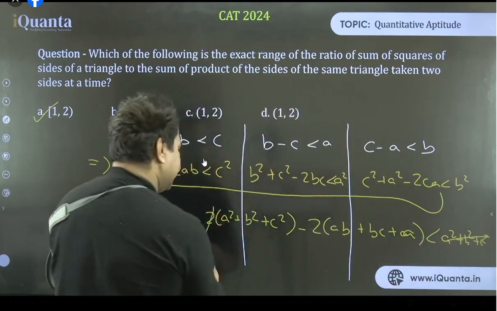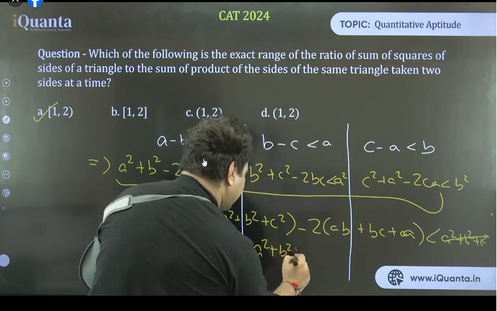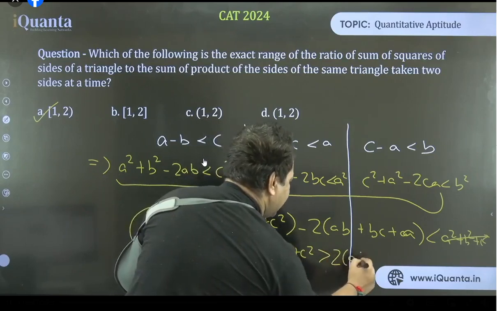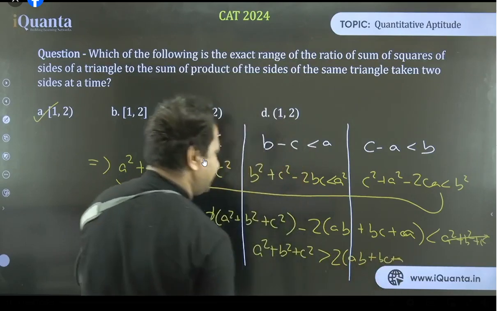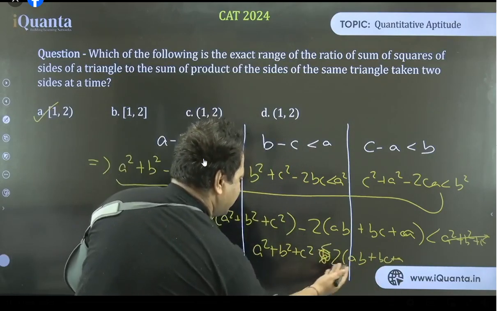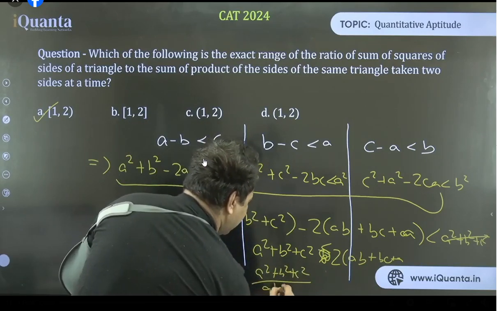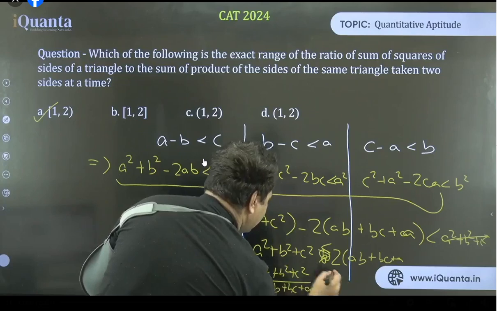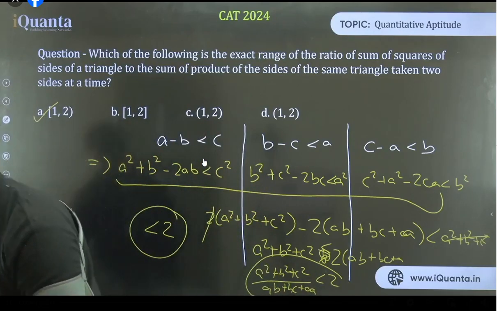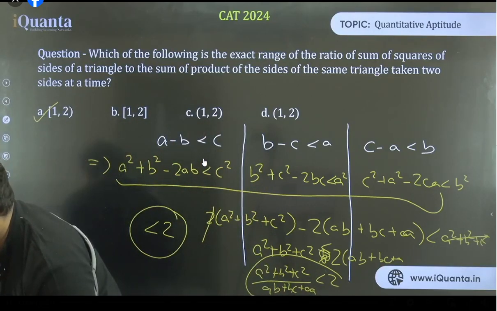And this thing gets cancelled once. So A square plus B square plus C square will be less than twice of AB plus BC plus CA. Sorry, less than. इसको नीचे ले आओ, you'll get the same ratio. So A square plus B square plus C square whole upon AB plus BC plus CA is less than 2. That's it. Solved. Got it?